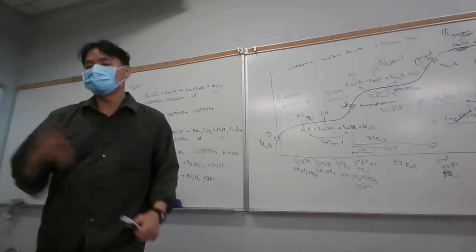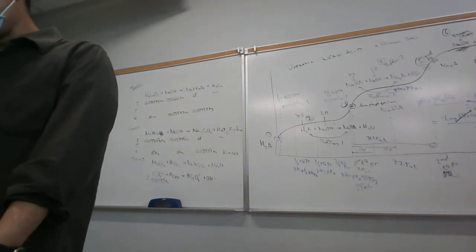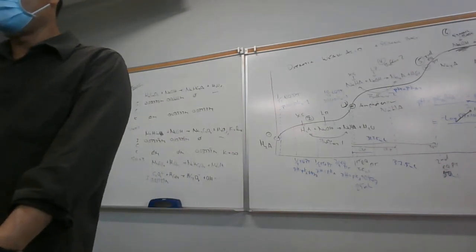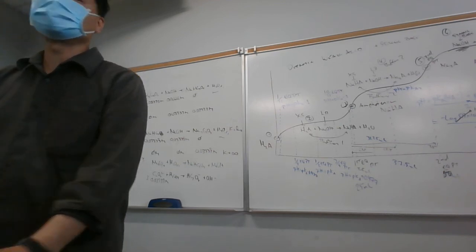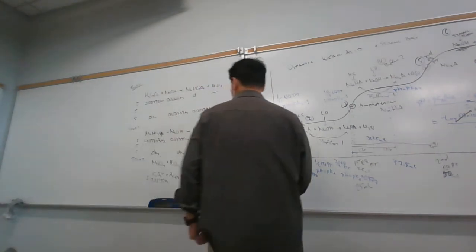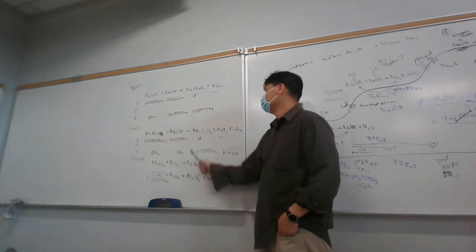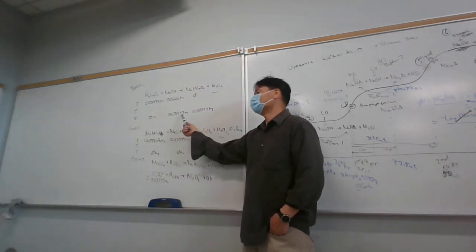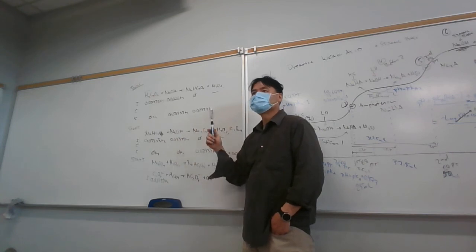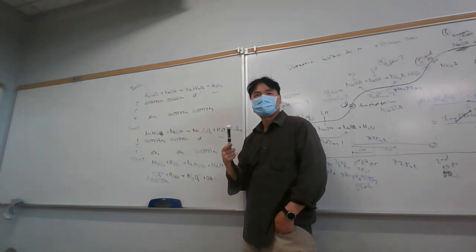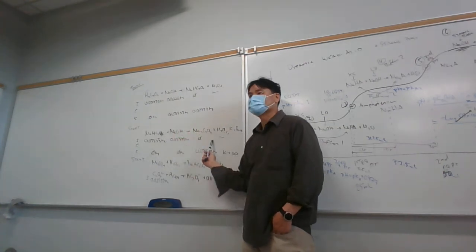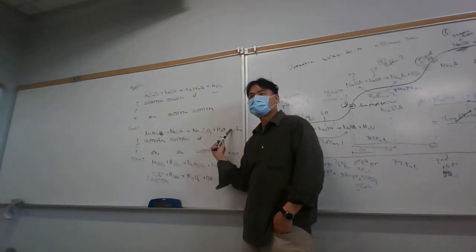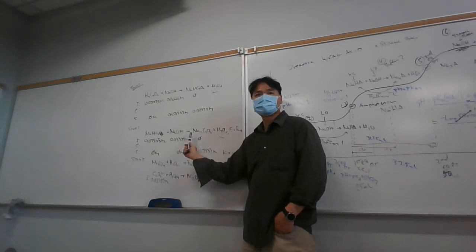The reason why we do this, there are numbers for this. Back in chapter 16, they gave you the number for HI, the Ka, rather than saying the K is very large. The reason we do it this way is because this is called resetting without having to reset. So if we stopped here at step 2, I would have reset this. Because the K in this direction is huge, the K in the reverse direction is small.